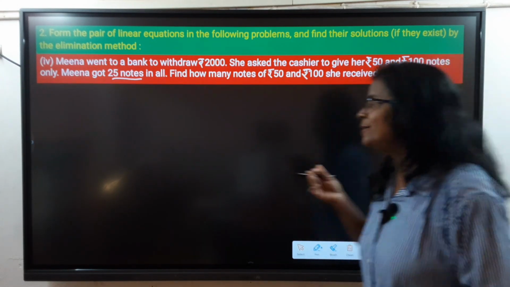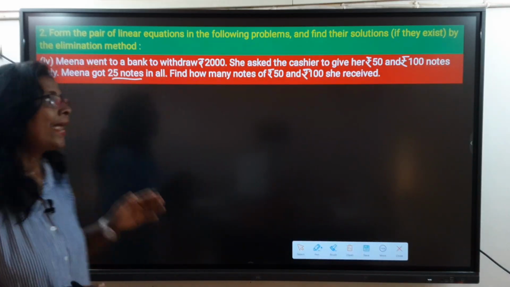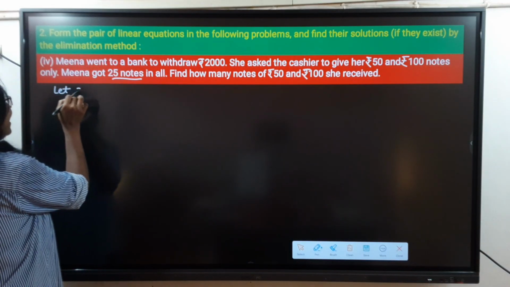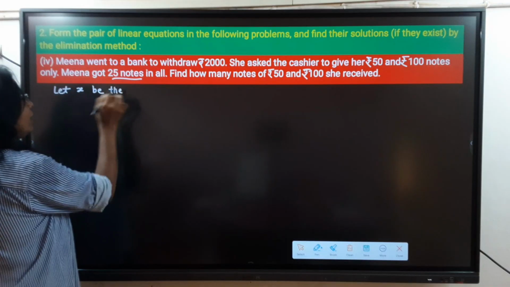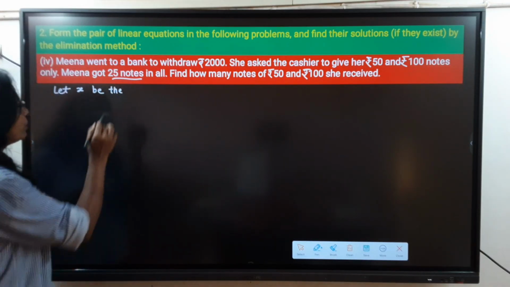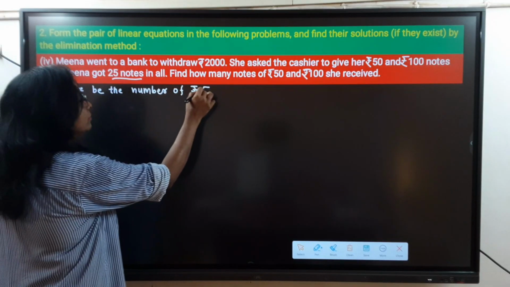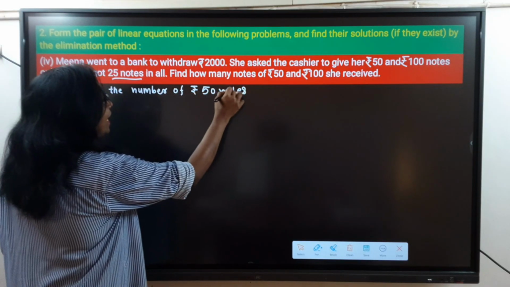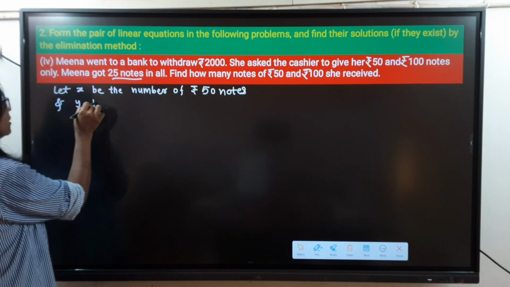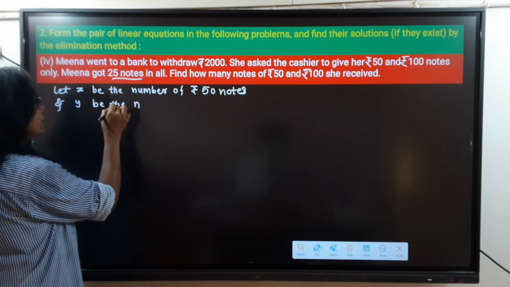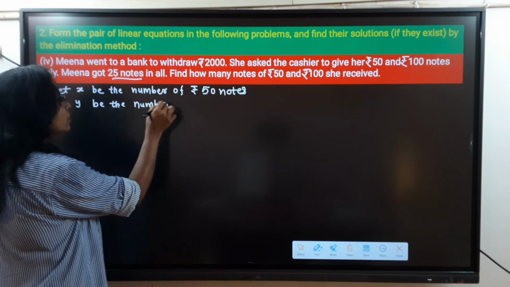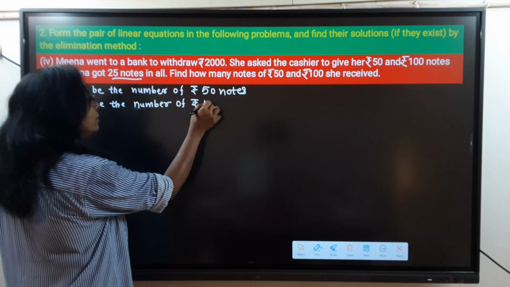So the consideration part is that, students, let x be the number of rupees 50 notes, and y be the number of rupees 100 notes.